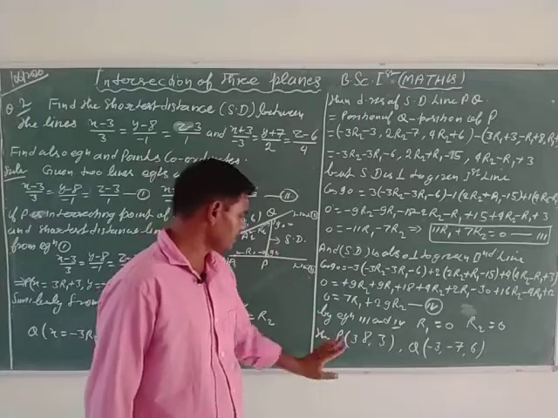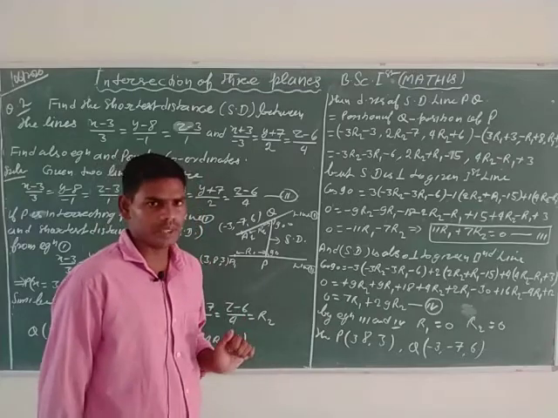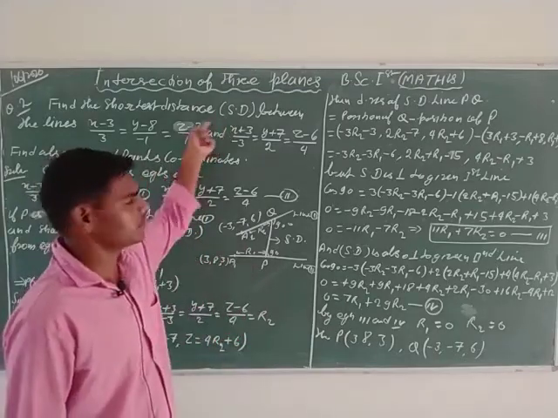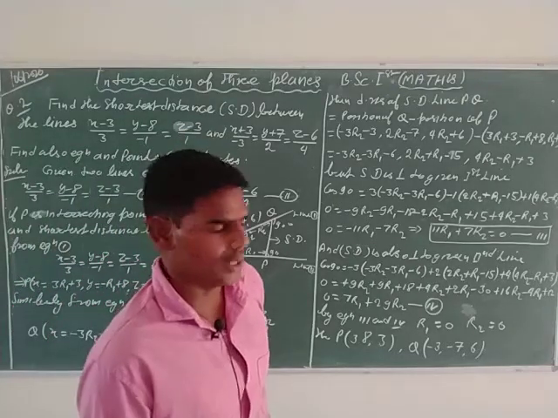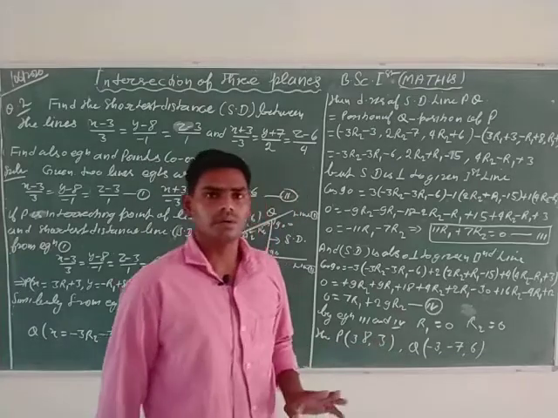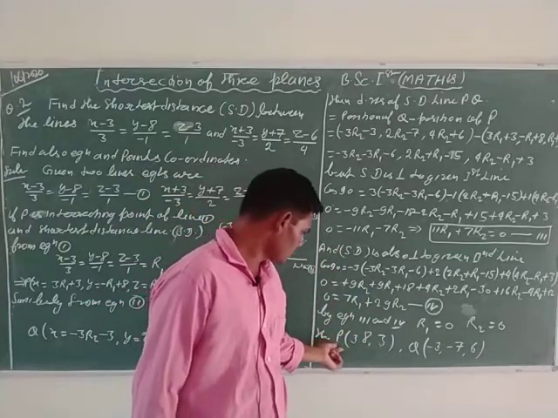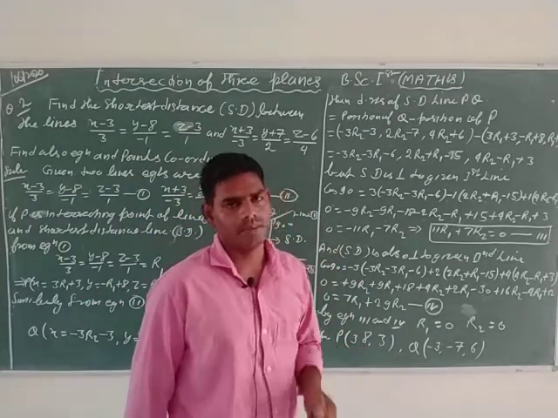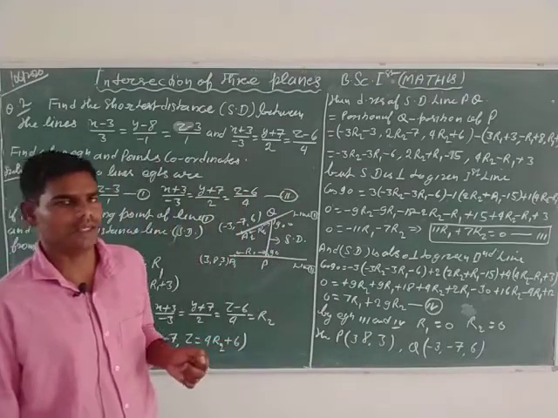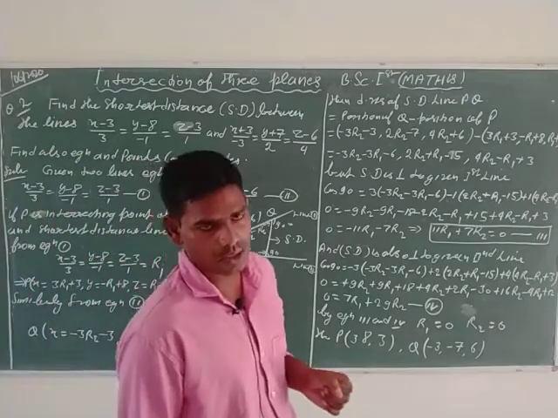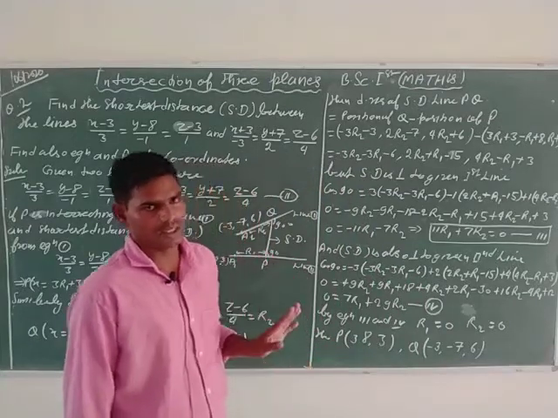Applying the distance formula for points P and Q, you can calculate the distance between P and Q, which is called the shortest distance between the two given lines. And you know that if the coordinates of two points, P and Q, are given, you can calculate the line passing through these two points by applying the formula (x minus x1) by (x2 minus x1) is equal to (y minus y1) by (y2 minus y1) is equal to (z minus z1) by (z2 minus z1) in symmetrical form.